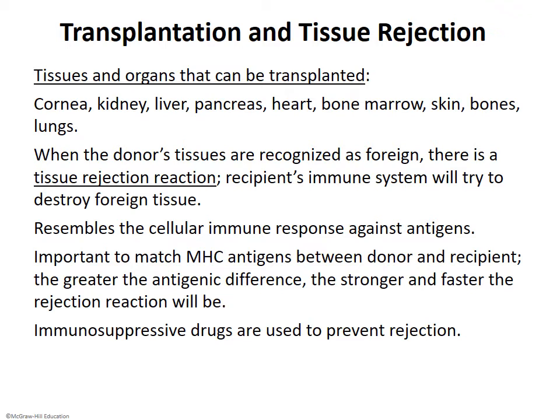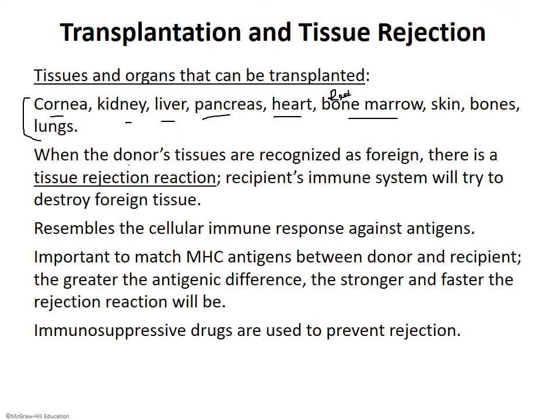But certain things aren't as closely scrutinized, so certain things can be transplanted. This is a list of them. It's a tough list when I think about some of this stuff, but it's amazing that we can do it. The heart, the pancreas, the liver, kidney, cornea, bone marrow. This should say red bone marrow, because that's what you'd be trying to get.